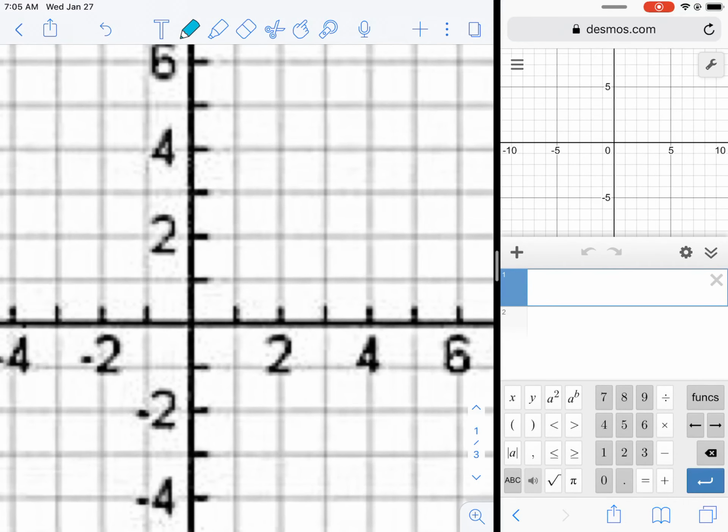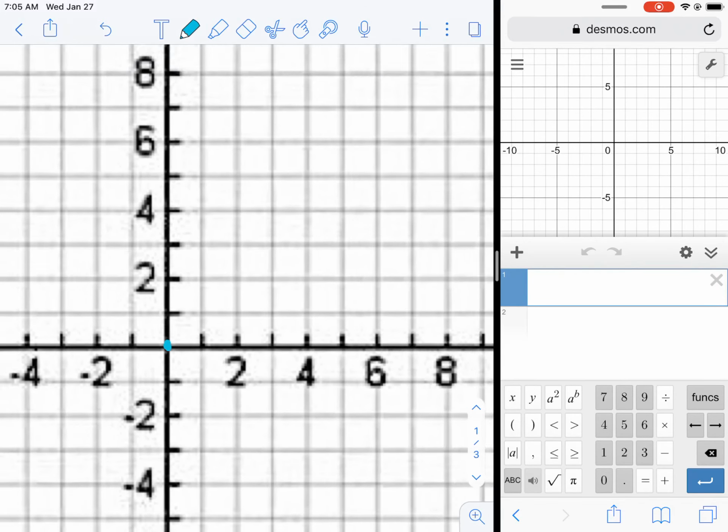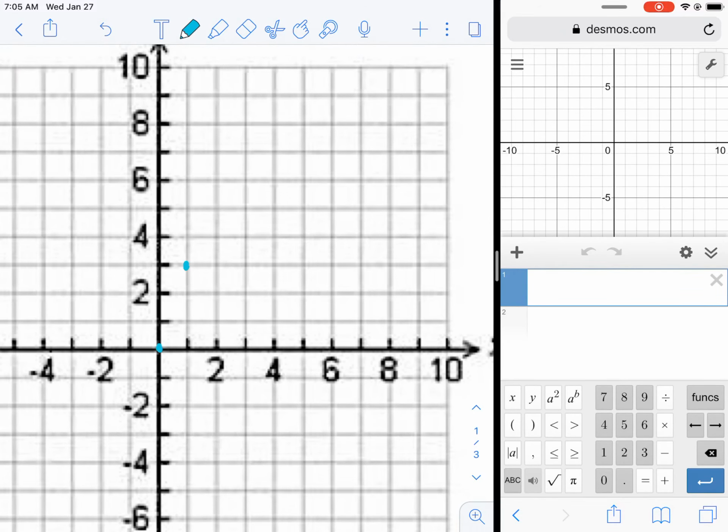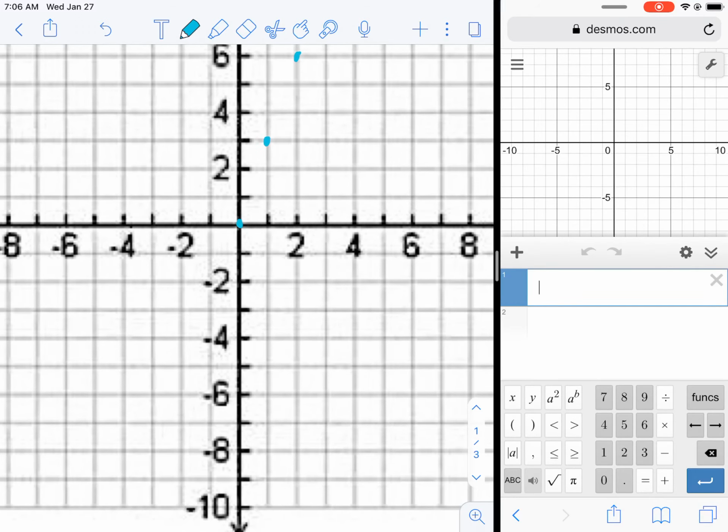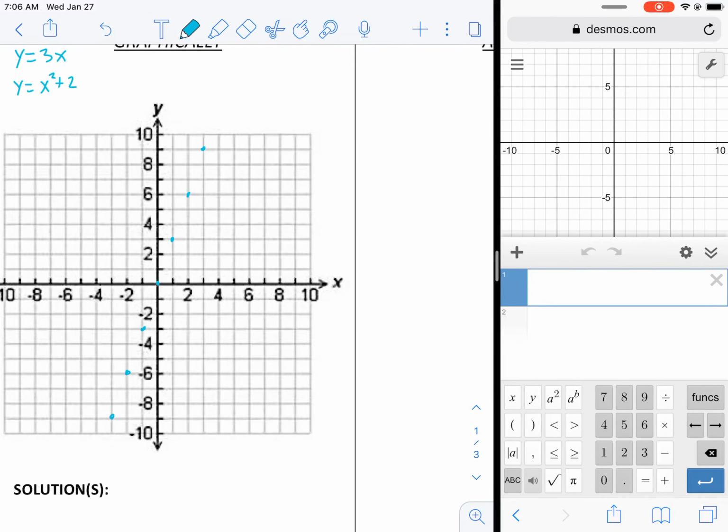Y equals 3x is a line through the origin with a slope of 3. Okay, so we can make that line. Right, so y equals 3x, you can see, there you go.